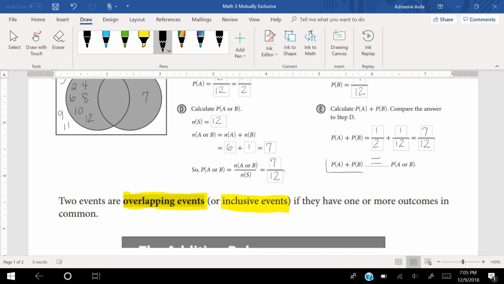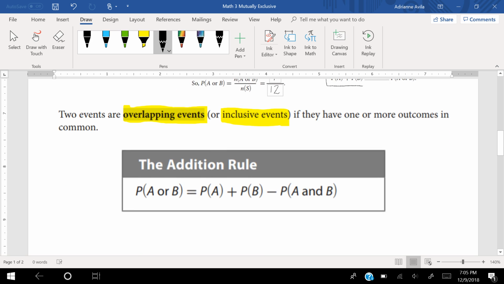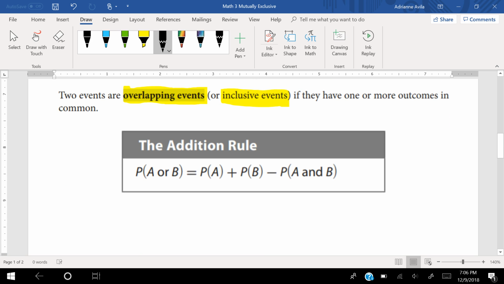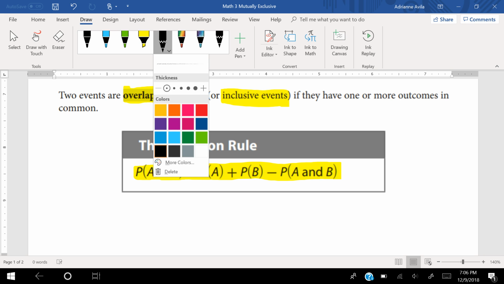This rule we call the addition rule. We say that the probability of A or B when we have overlapping events is not just the probability of A plus the probability of B, but we need to subtract off the area where they overlap.